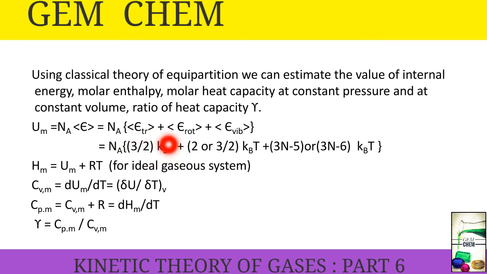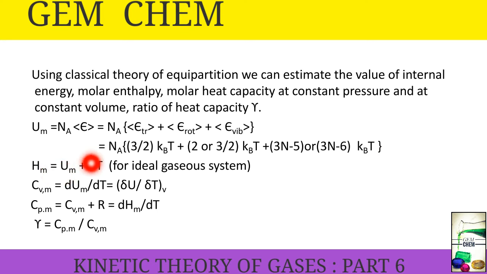How it is obtained has already been explained, so please do watch the video on the theory of equipartition. The rotational energy can be either 2/2 kBT, that is only kBT, or 3/2 kBT. Similarly, vibrational energy can be (3n minus 5) kBT or (3n minus 6) kBT.